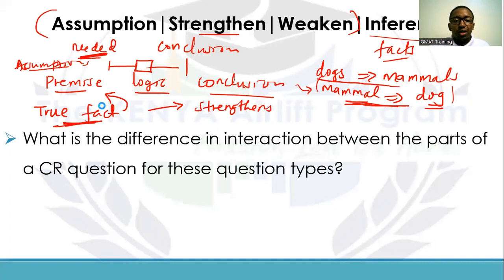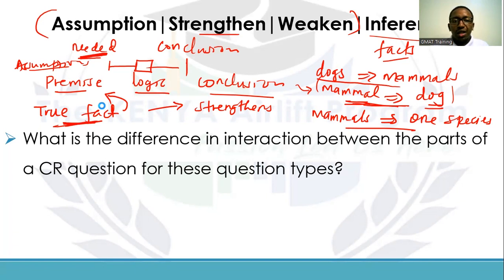So if we take a statement like, mammals are made up of only one species. Remember we are taking it as fact.